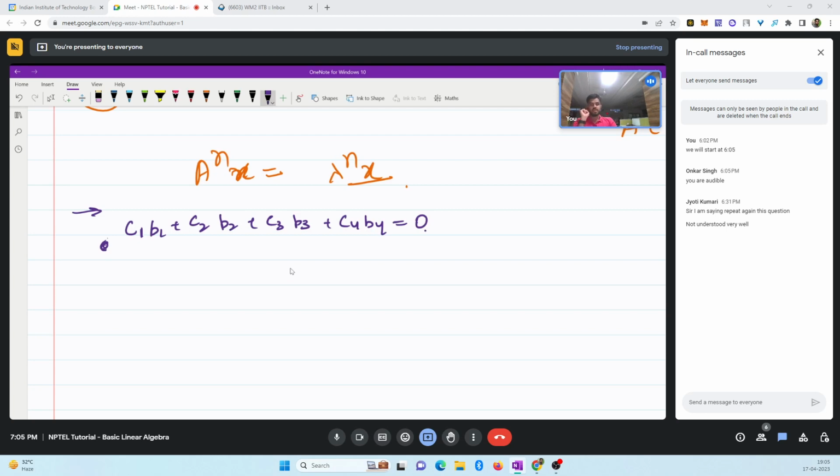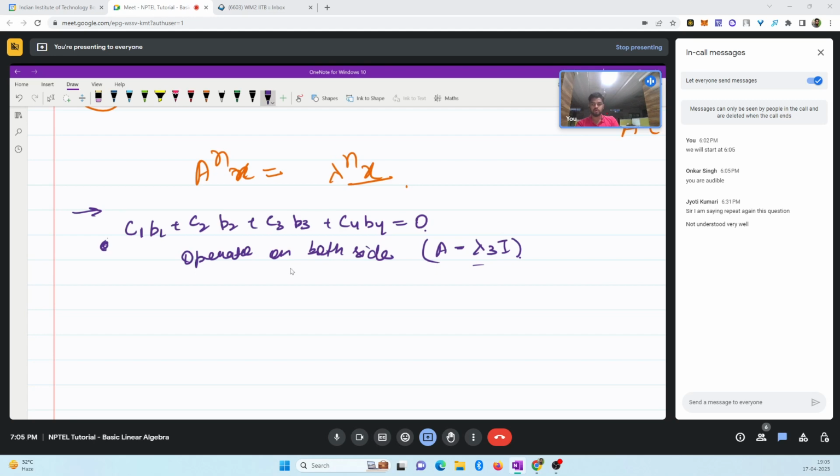Now, if we operate on both sides with A minus lambda 3 I, why am I doing this? If I multiply the terms b3 and b4 by this, I'm hoping that they should become 0. If more and more terms are gone, I'll have fewer terms to deal with, and then I'll be able to make the coefficients 0.